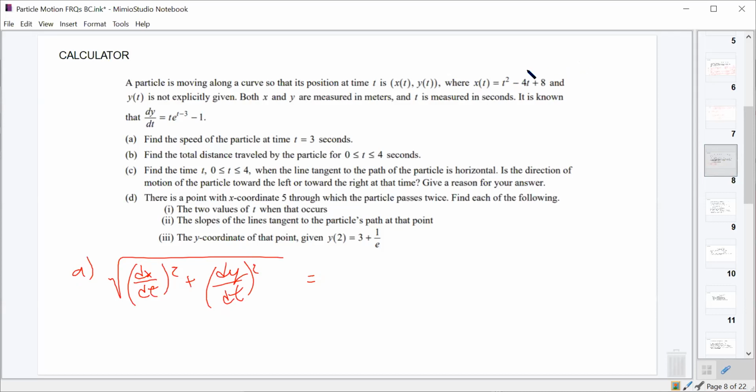So we have to find our derivative of x. So dx/dt is 2t minus 4. And then we'll just evaluate all of that at t equals 3. And that comes out to be 2.828. Everybody good with that? 1 point.